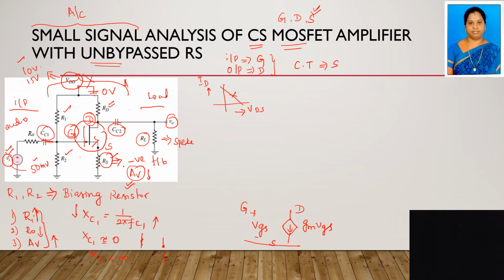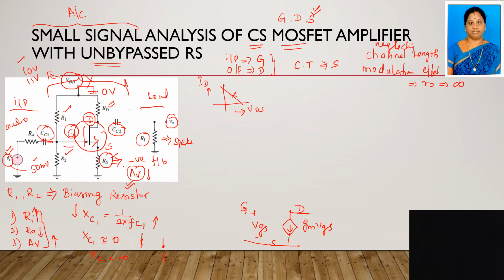Because of that, R0 is infinite, so it is not included in the equivalent circuit. So this is your equivalent diagram for the MOSFET alone.